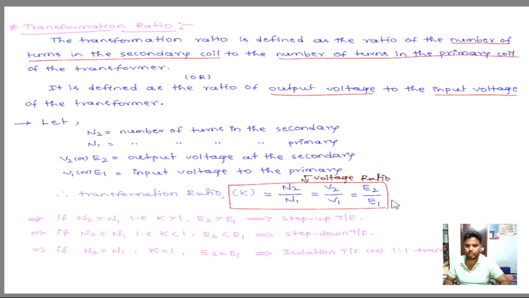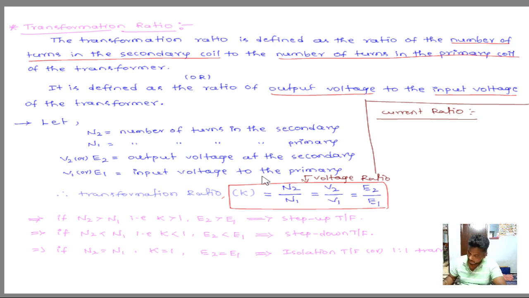Suppose we are taking the current ratio. What are the currents available? I2 and I1.